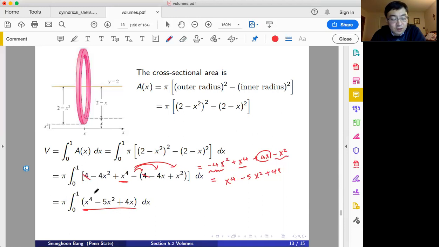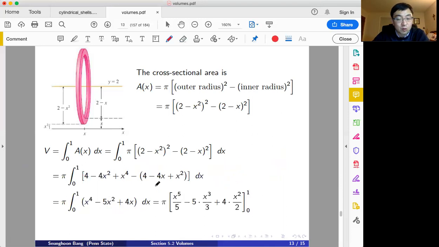Yes, 1/5 x to the 5. What is the integral of x squared? It's 1/3 x cubed. The integral of x is 1/2 x squared. So we have it. You plug in 1 and 0 and we have this result.